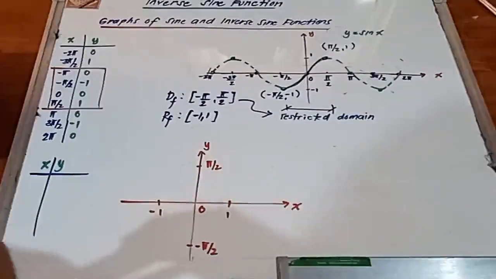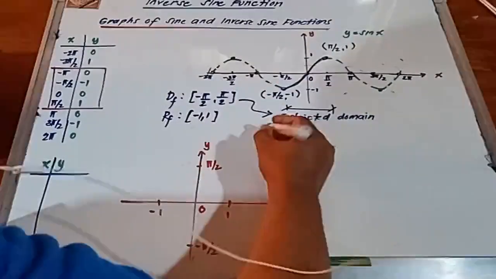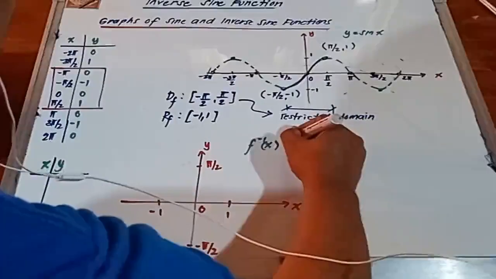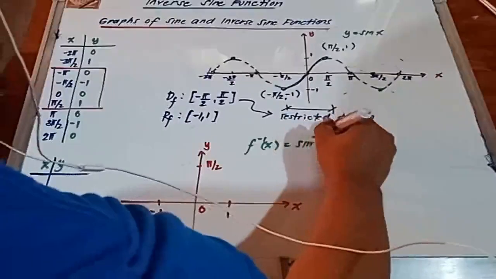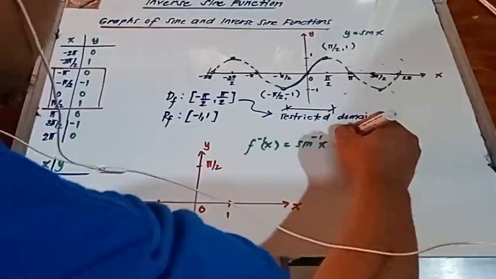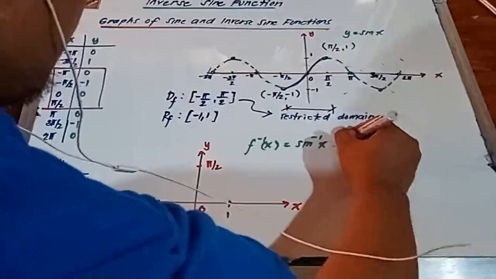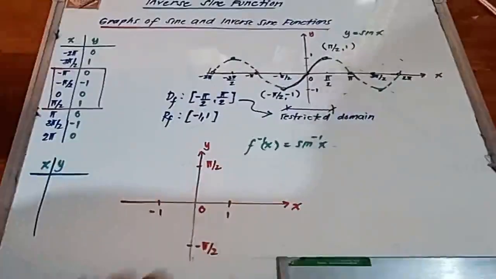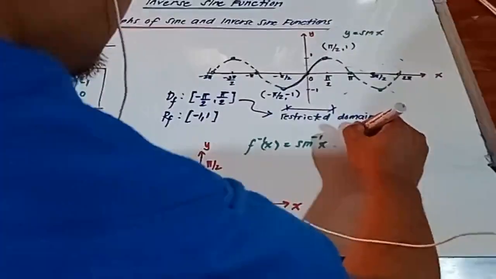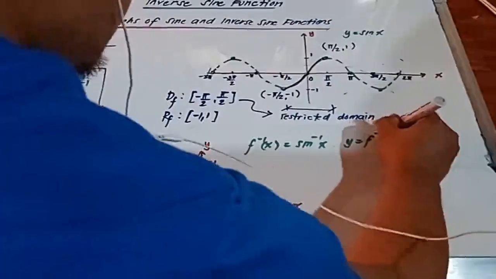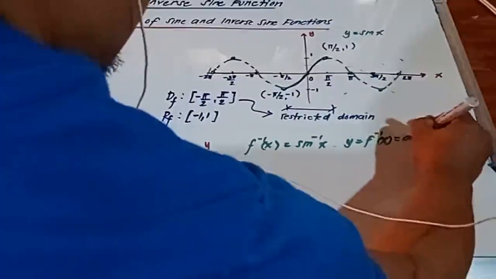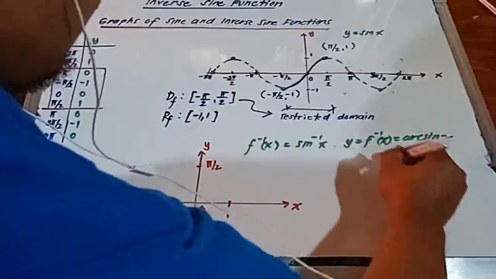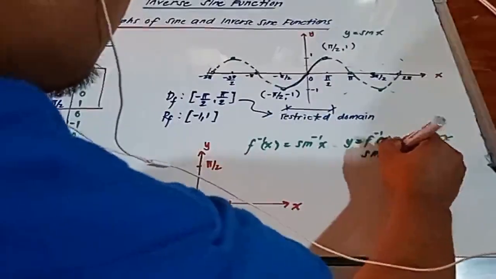And again, yung ating inverse function for sine is f to the -1 of x equal to sine to the -1 of x, or the same as y equals sine to the -1 of x equal to arc sine x, which means that sine y is equal to x.